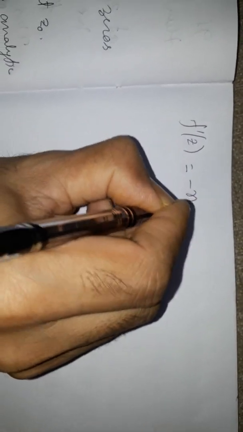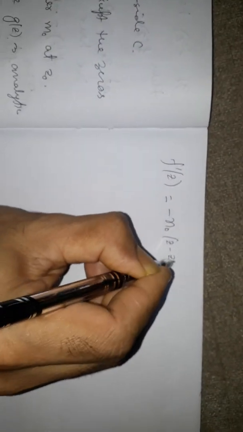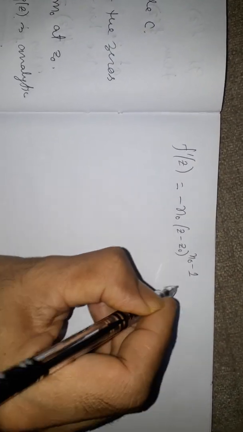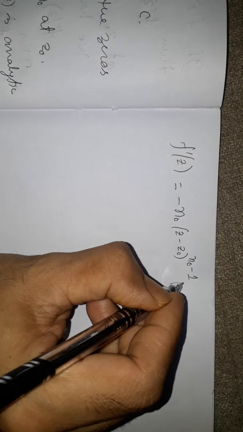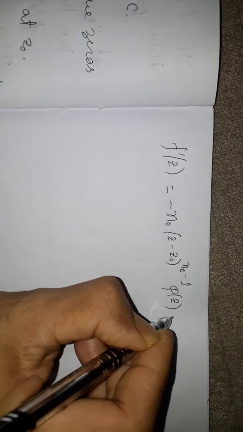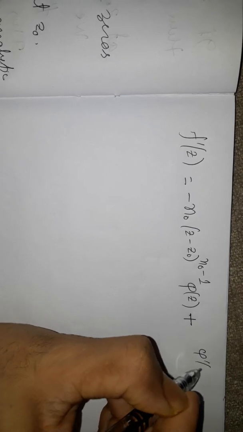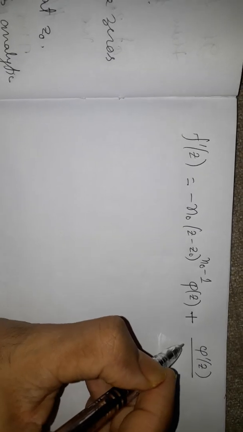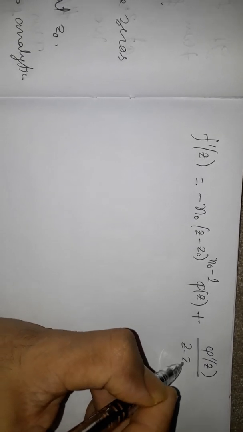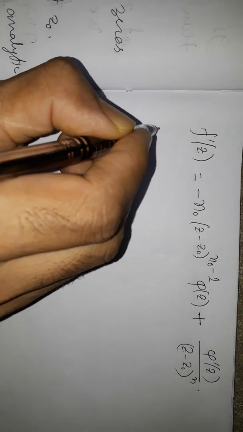Okay, so we again differentiate this. The derivative of f z is minus n naught times z minus z naught to the power n naught minus 1 times phi z, plus phi prime z, because the second function is phi z, all divided by z minus z naught to the power 2 n naught.